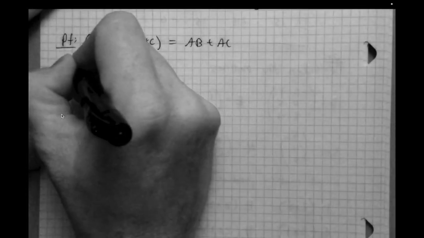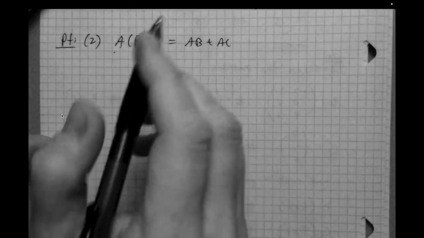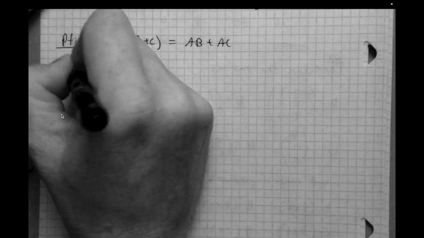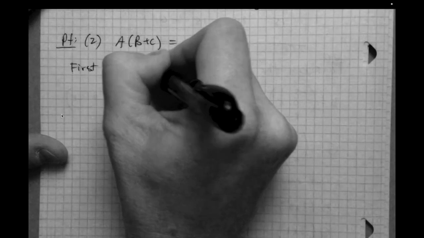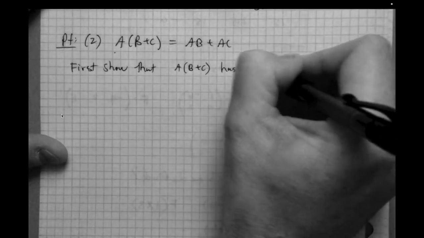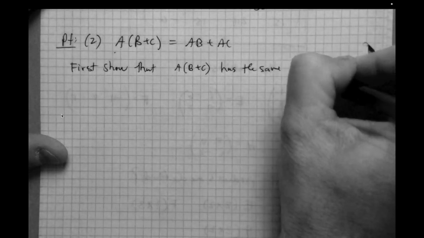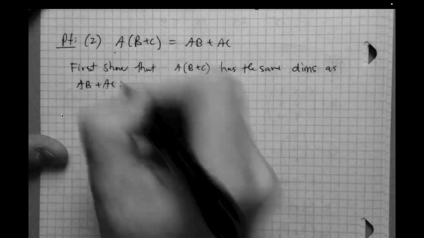So we'll start with the dimension argument. First show that A times (B plus C) has the same dimensions as AB plus AC.